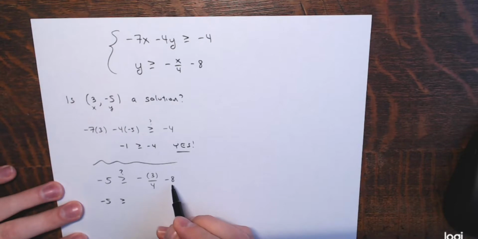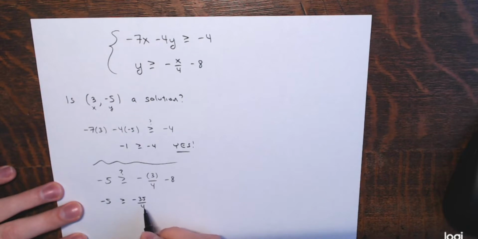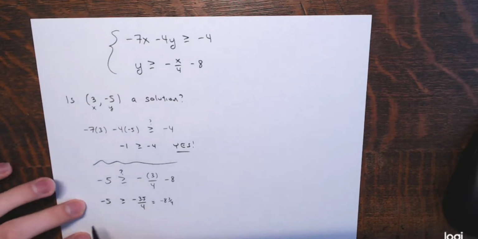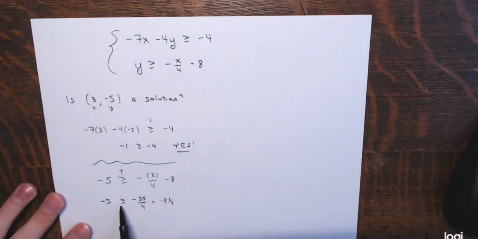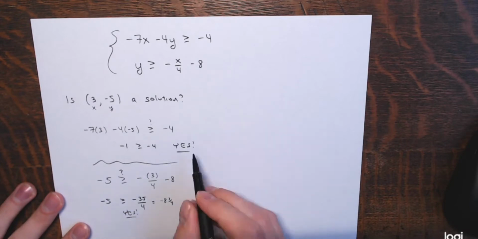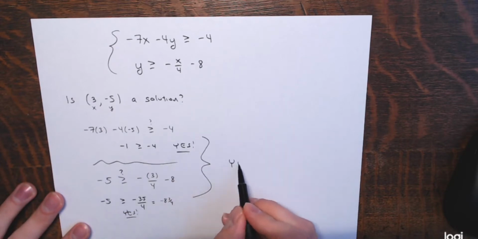And putting those together would be negative 35/4, which is definitely to the left of negative 5. Negative 35/4 is negative 8 3/4, which is definitely less than negative 5. So negative 5 is greater than negative 8 3/4. Yes, this is true. So since both are true, the answer to the whole thing is yes.